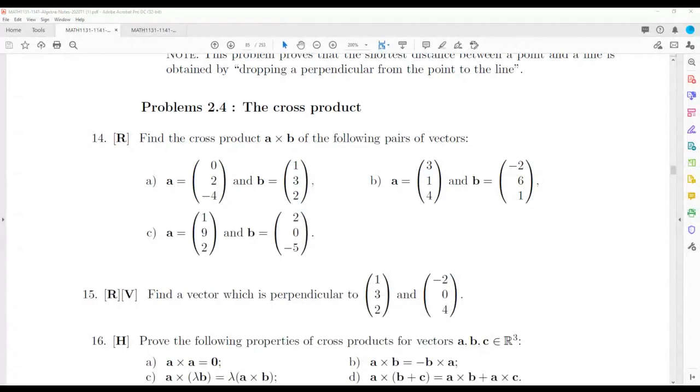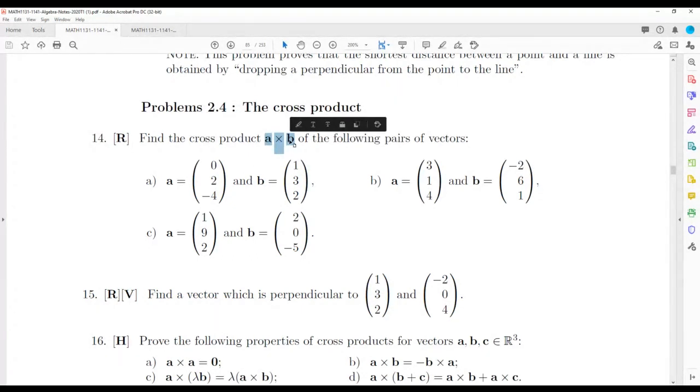Now, sometimes when I discuss these kind of problems and we get to the cross product, the students get a bit angry because it's the cross product. So don't get too angry. Hopefully you can get excited about it. It looks like regular multiplication, but it's not.